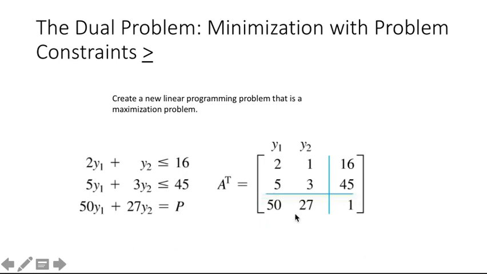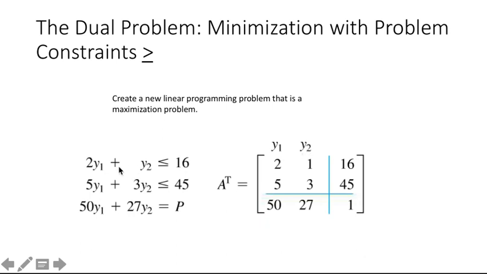From this transpose matrix, we are going to create a dual problem, another linear programming problem. Notice that instead of using the variables x1 and x2, we are using the variables y1 and y2.